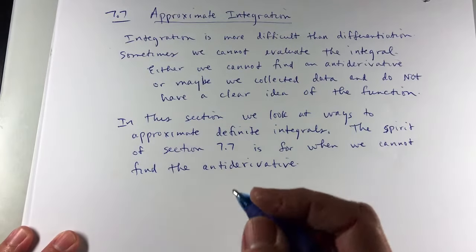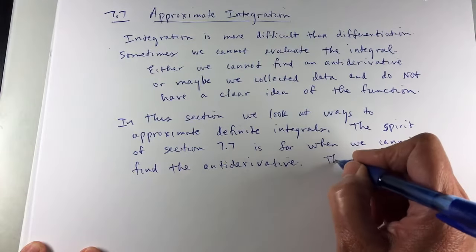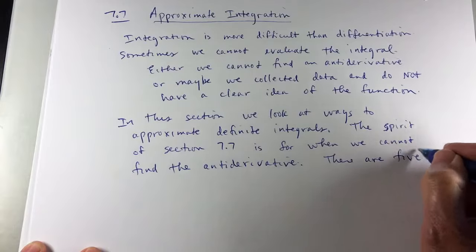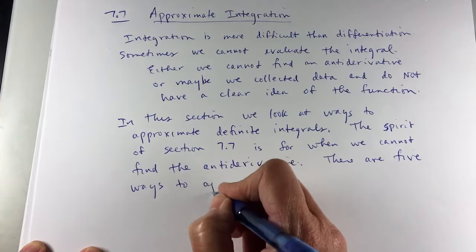Now, there are 5 ways to approximate a definite integral. There are 5 ways that we're covering.